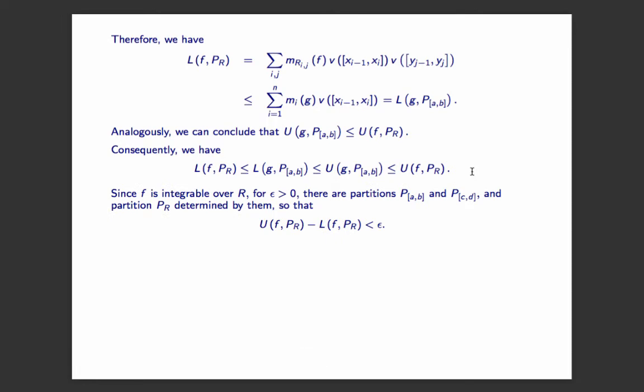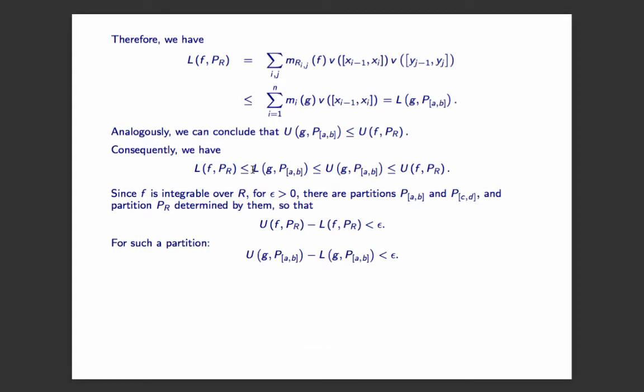That's our assumption. Which means I can find a partition that'll make the difference between the upper sum of f and the lower sum of f less than epsilon. So I can find a partition of a to b, a partition of c to d, and a resulting partition of R, for which the difference of the upper sum and lower sum is less than epsilon, just by definition of what it means to be integrable.